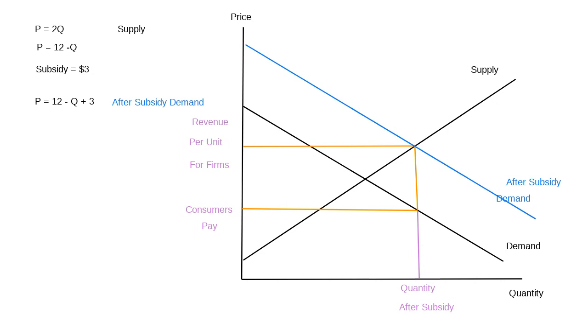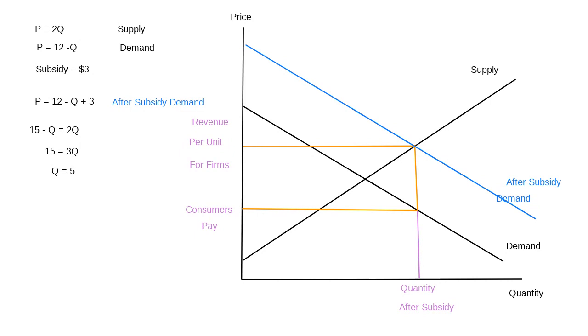Now we want to find the intersection point, right? So we set the after-subsidy demand equal to supply. So we do a little algebra. 12 plus 3 is 15 minus Q. And we'll set this equal to supply, which is 2Q. Again, we'll do some algebra, add the Q to the other side. That'll give us 3Q. And divide by 3 on both sides. We find that Q is equal to 5.